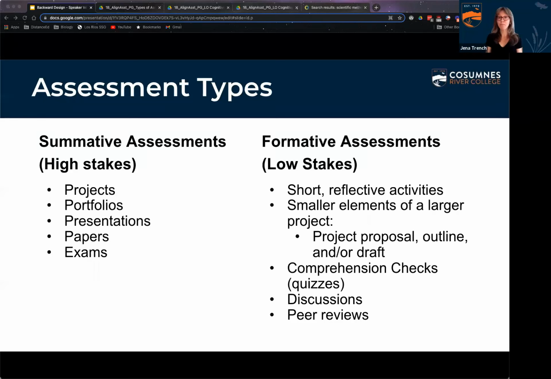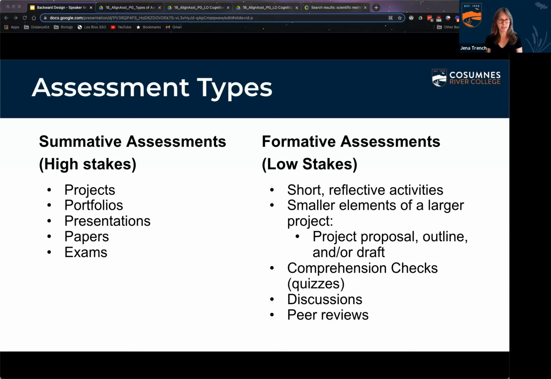Formative assessments would be built right in with your content. These are frequent and usually involve some kind of self-assessment on a student's progress, either metacognitive self-assessment where they're thinking about how they're learning and identifying where they need more assistance and where they're really excelling.